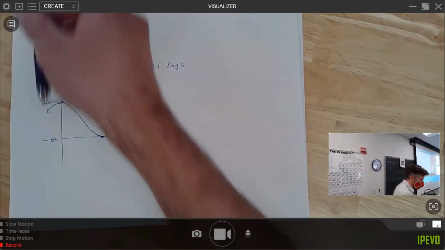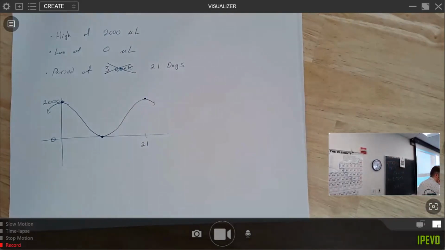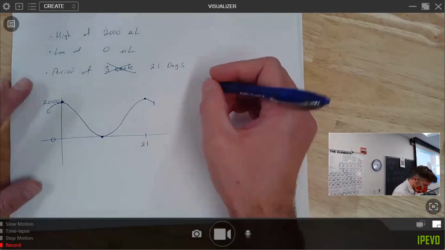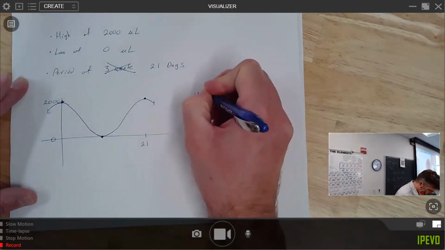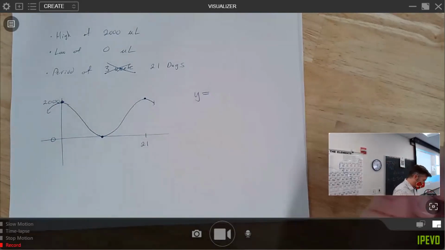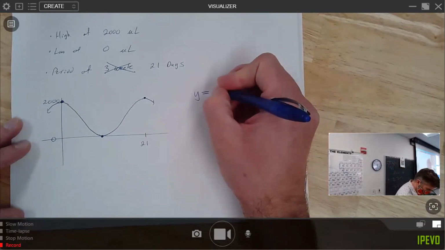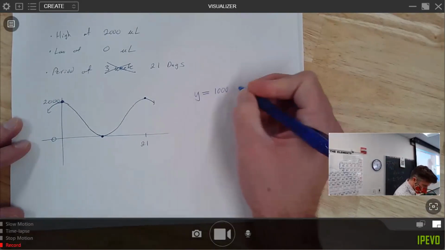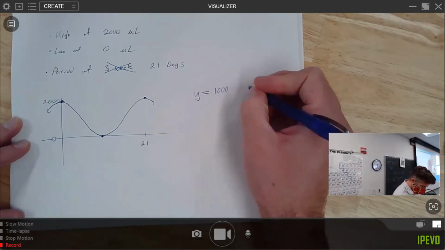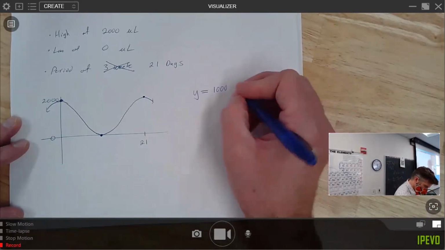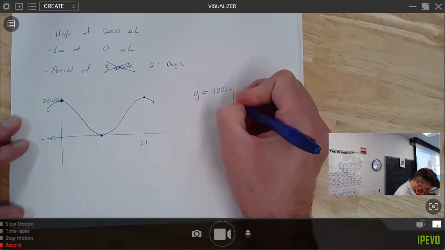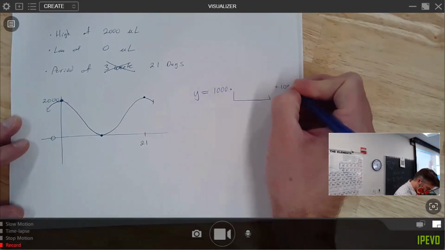So it looks like we've taken some sinusoidal function and shifted it up by 1,000 and stretched it also by 1,000. So I would say I have something like y equal to 1,000 times trig function of, I don't know yet, have to figure this out, plus 1,000.